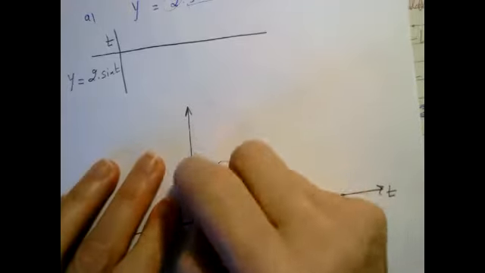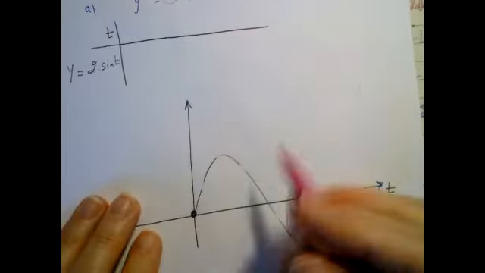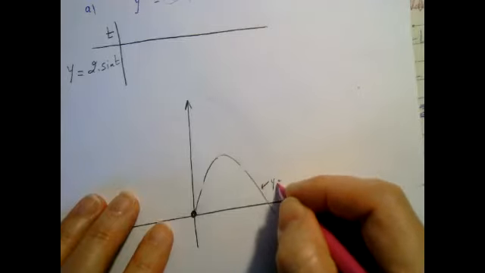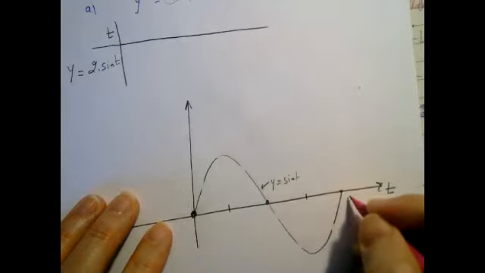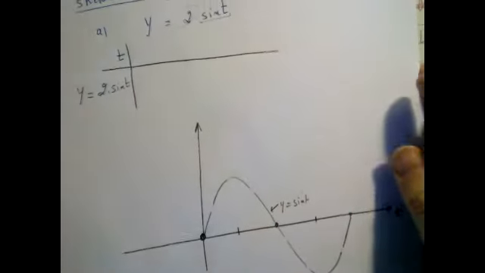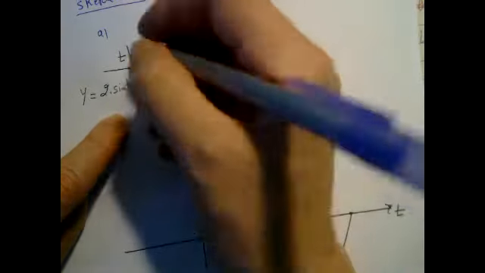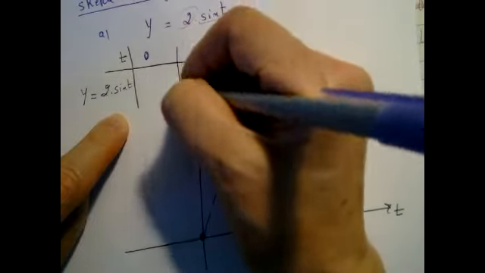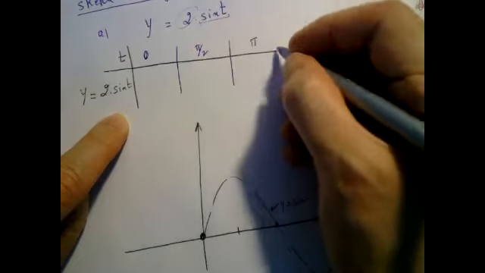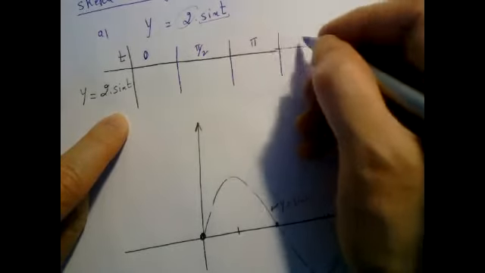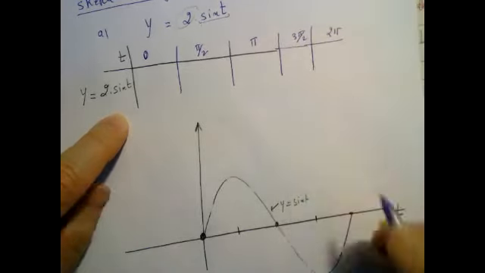So I'm going to do this in dotted line. So this is y equals sine of t. My famous pi over 2, my pi, 3 pi over 2, and 2 pi. Now, what is y equals 2 sine t? What's the relationship? At 0, I will just take the main values: pi over 2, pi, 3 pi over 2, and 2 pi. Okay.